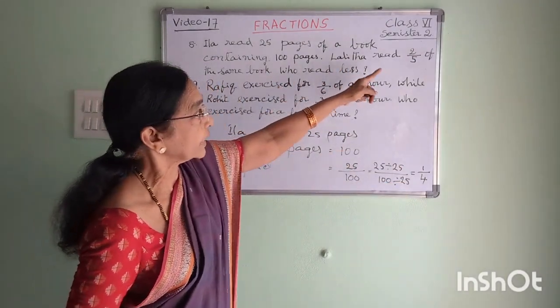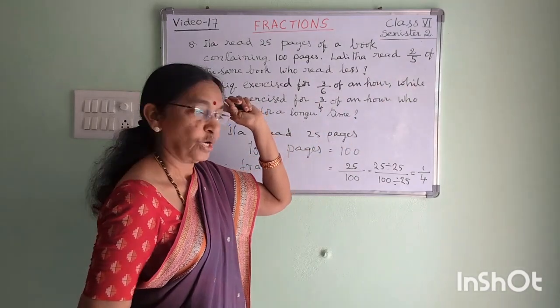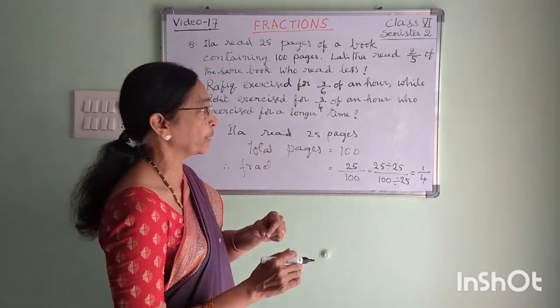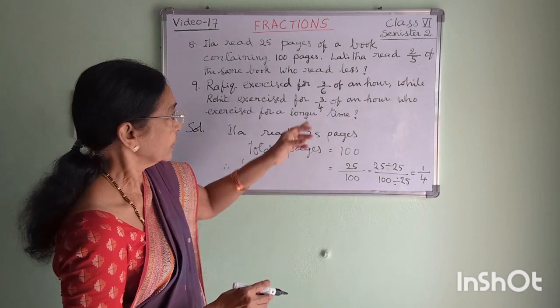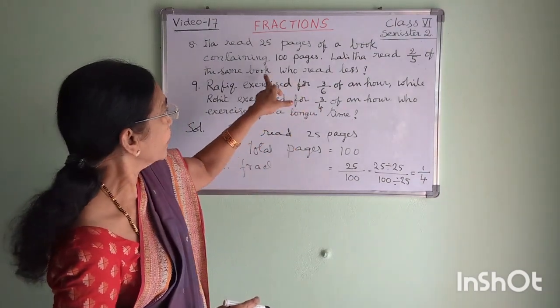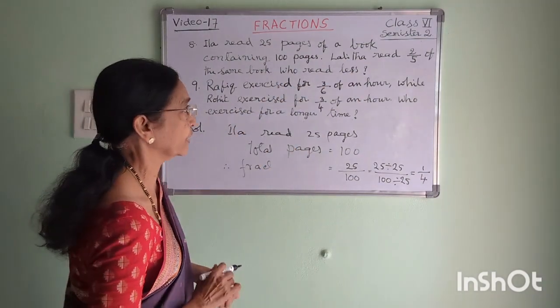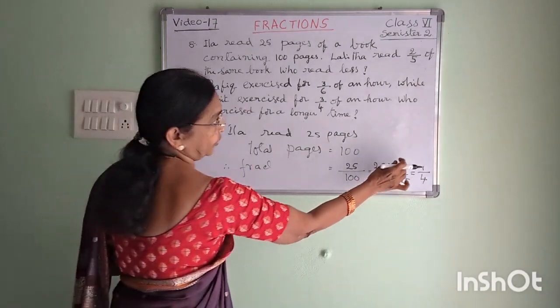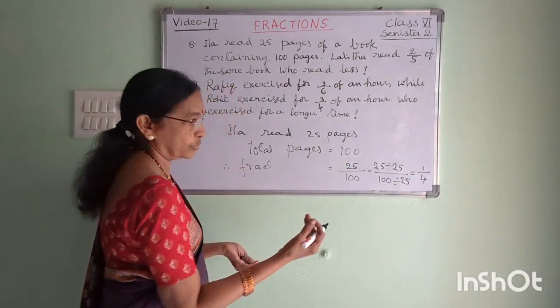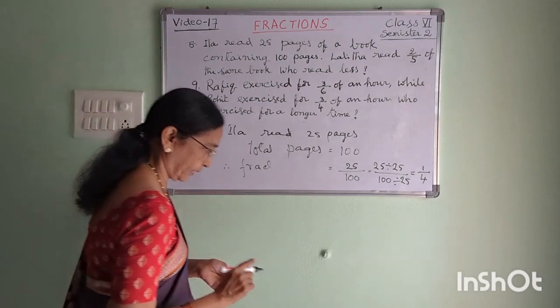But Lalita read 2/5 of the pages. So now we have to compare which is less. They asked us who read less. Therefore, out of 1/4 and 2/5, which is less? We will see.